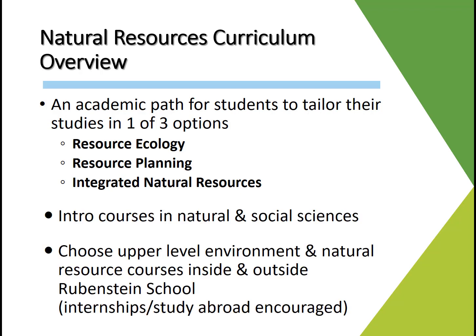In each of these options, students take introductory courses in natural and social sciences, and then choose upper level environment and natural resources courses that are offered both inside and outside the Rubenstein School at the University of Vermont. In addition, we strongly encourage, although we don't require, internships and study abroad. I'd like to go through each of the options and talk about what the opportunities are in each.